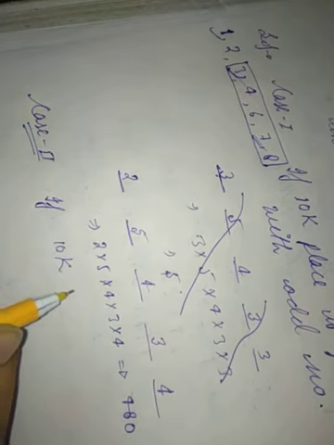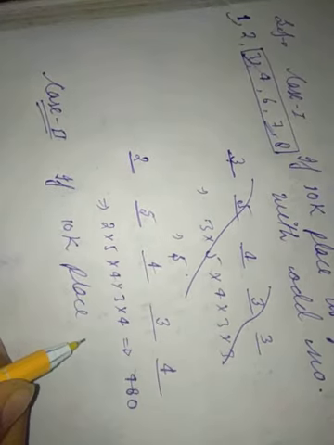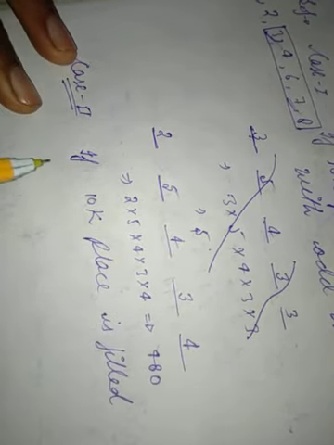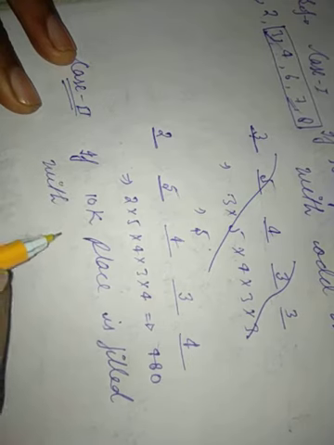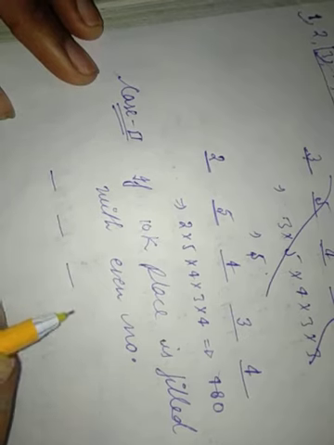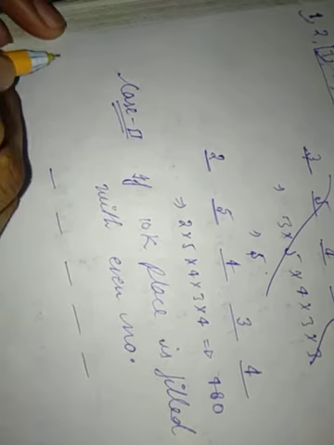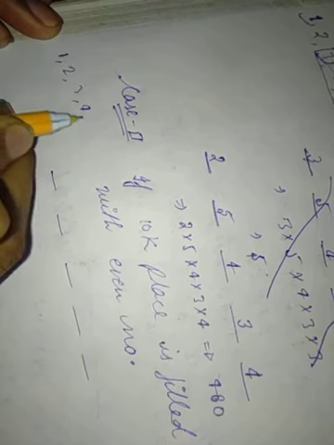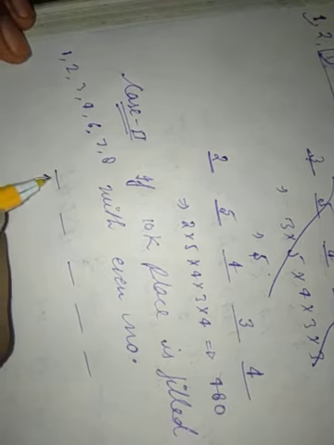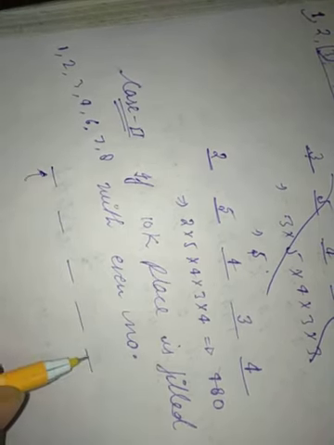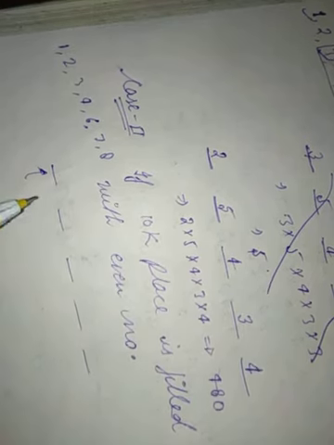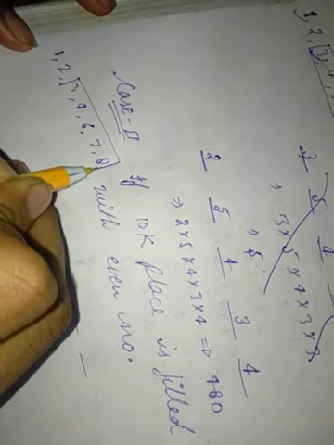Case 2: if the 10k place is filled with an even number. We have the numbers 1, 2, 3, 4, 6, 7 and 8. The 10k place is filled with an even number, and we have to find numbers greater than 30,000 and even.